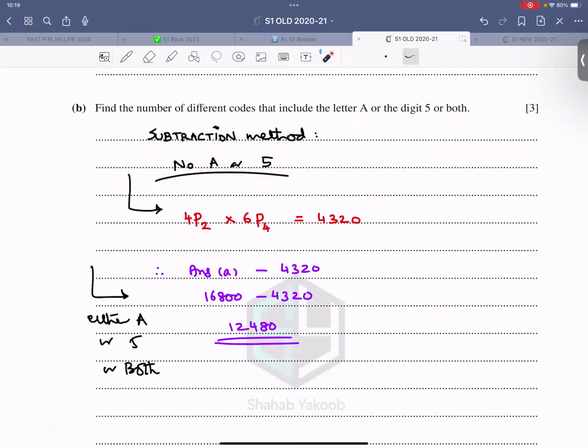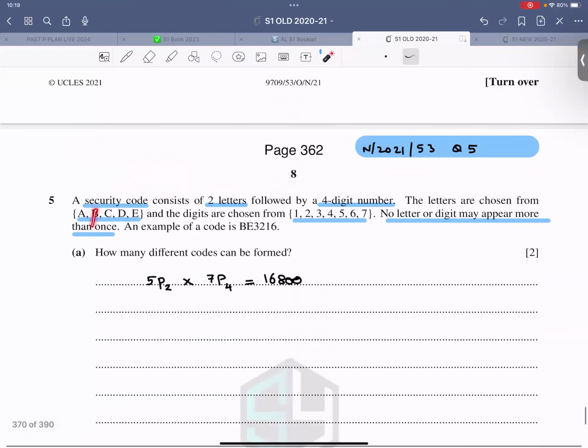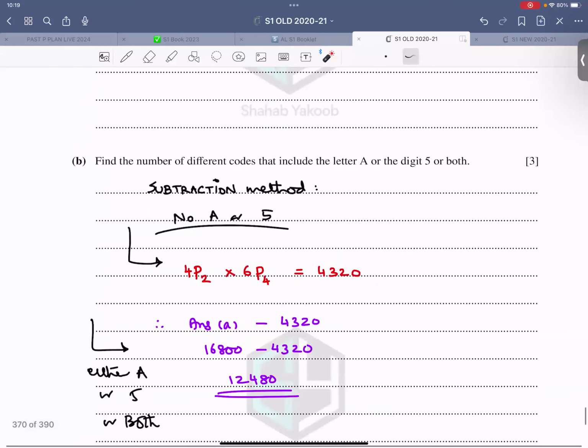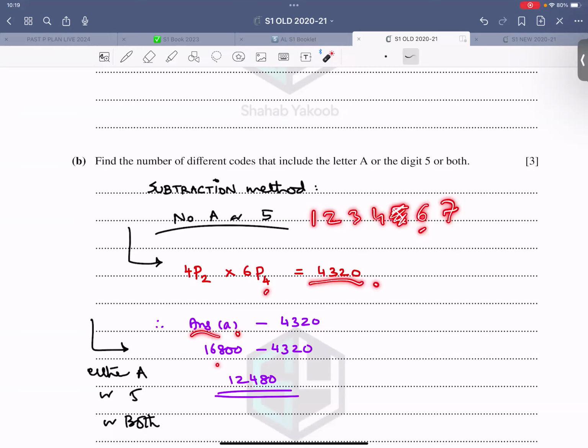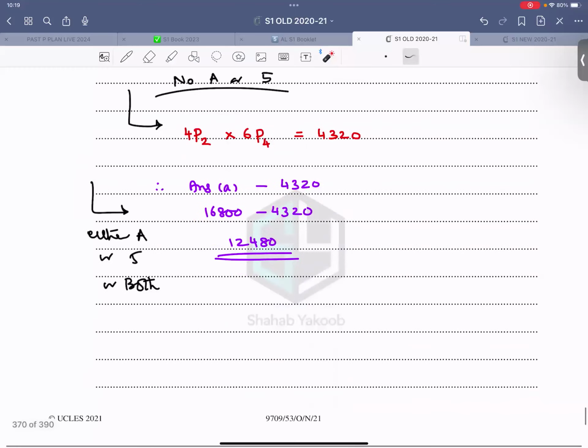That means out of 5 letters, we are left with 4 because A is gone, so we are left with B, C, D, E. And out of 1, 2, 3, 4, 5, 6, and 7, 5 is gone. How many are left? 6. We are still choosing 4. So this is the answer without A, without 5. And the answer of part A is without restriction. Just do the subtraction, you get the answer.